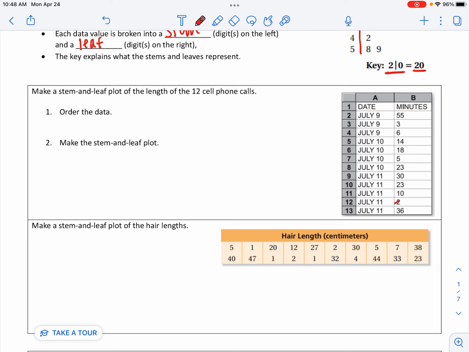So I would start with 2, 3, 5, and 6. Then I would do 10, 14, and 18. And then we have 23, 23.